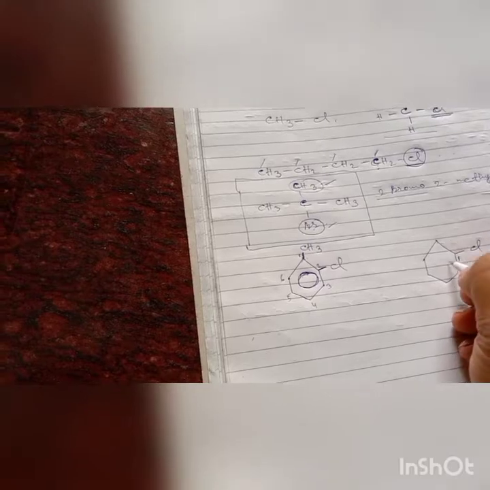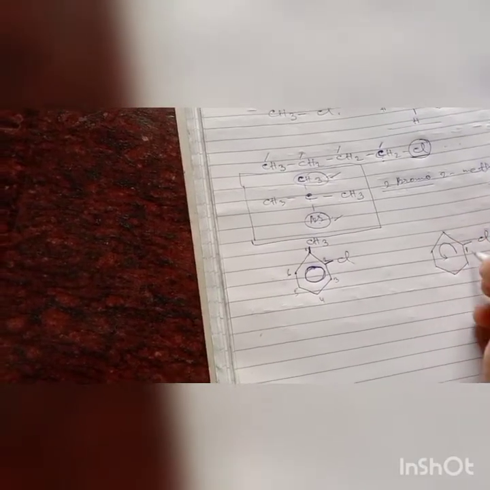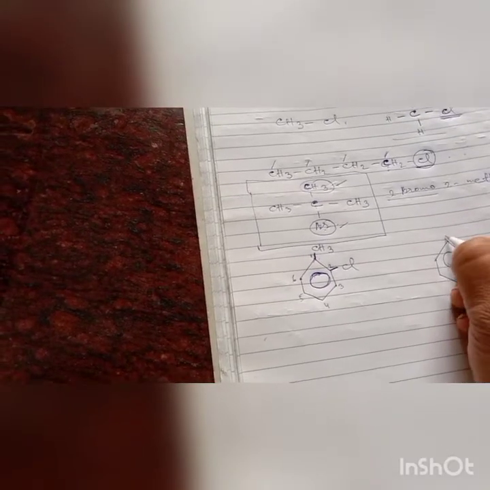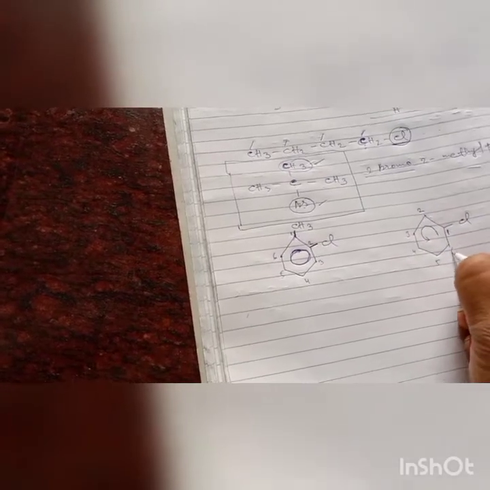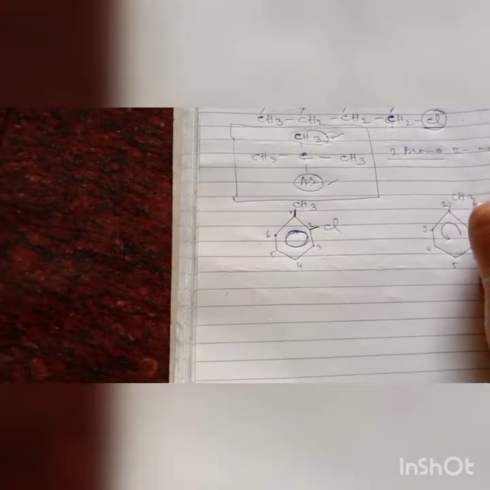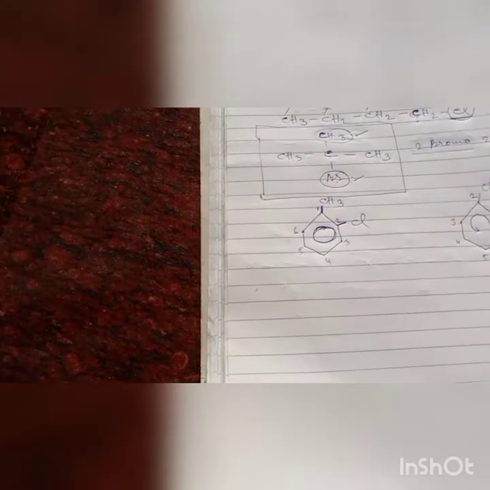Our counting from here, this is a cyclic group, so you can count in this way also. Here the first carbon has chlorine, this is the second position, third, fourth, fifth, and sixth. You can count in this way also, so its name will change. Then we can say 1-chloro-2-methyl-benzene.